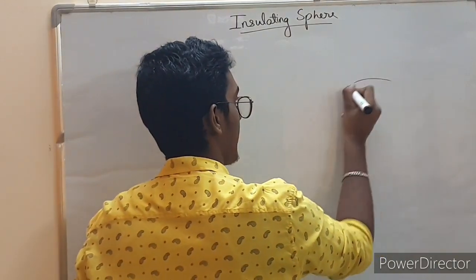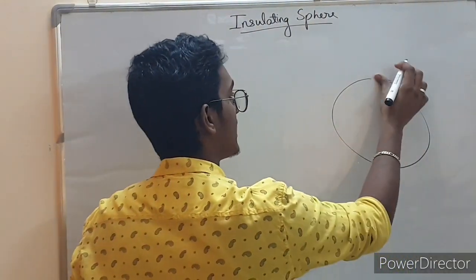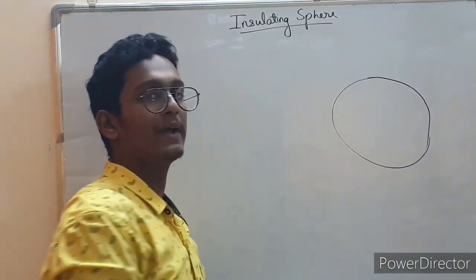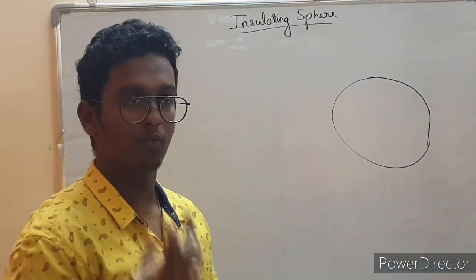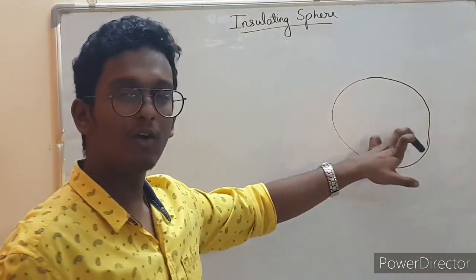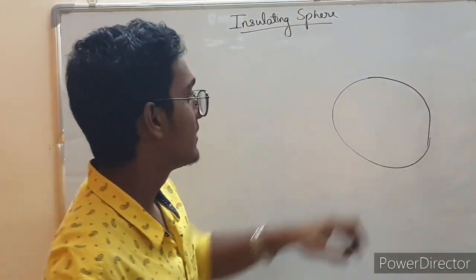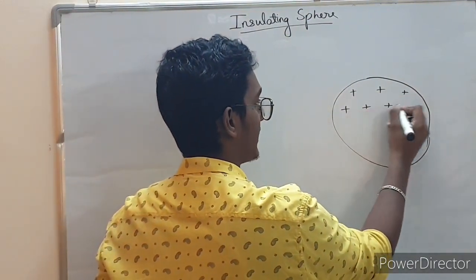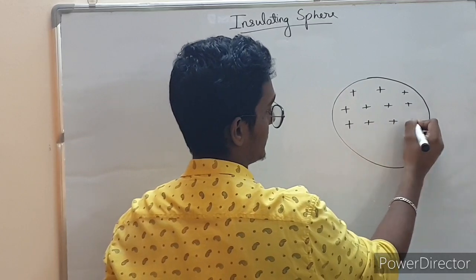For a conductor, the charges want to go away from the metallic body as fast as possible. They want to be conducted, they want to transfer. But for the insulator, it always lies inside. That's the reason why insulators are bad conductors of electricity.